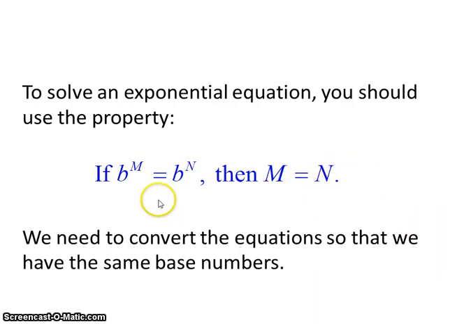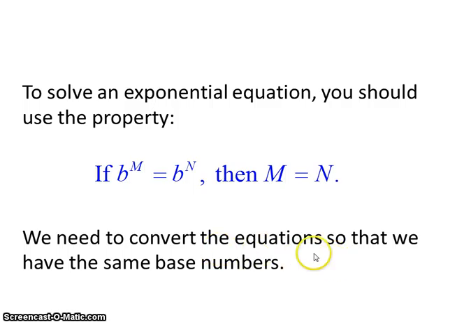So the property that we're going to use is, if we can get it into this form where we've got some base number to some power is equal to that same base number to a different power, then we can set the two exponents equal to each other. In this case we don't have the same base number, which is what we're going to have to do.